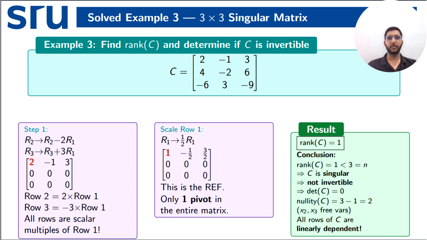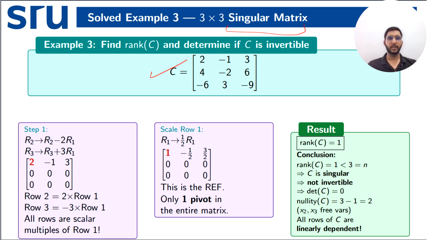So now let us see one more example of a singular matrix. The last example was also singular, but it was particularly for this purpose only. Let us say this matrix C, which has 3 rows and 3 columns, that is of the order 3 cross 3.